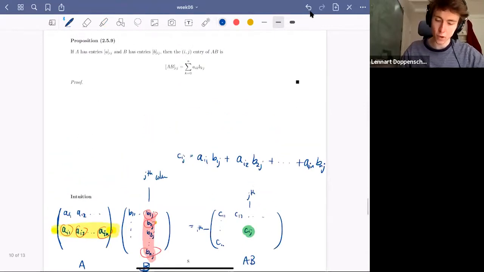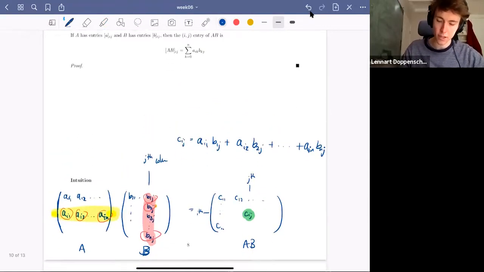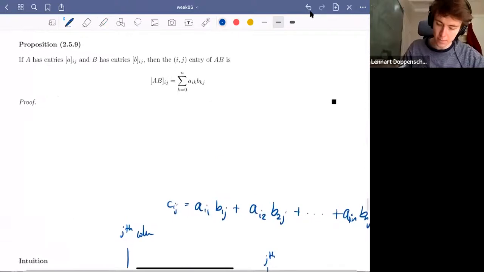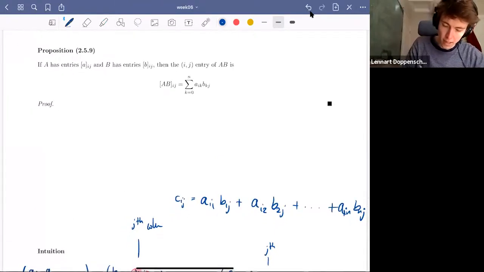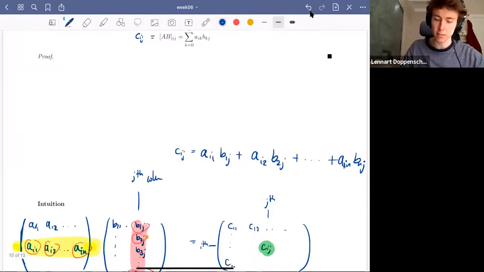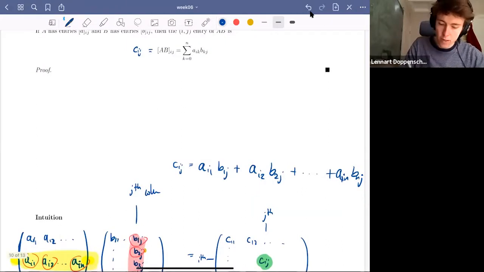And so this equation in shorthand is just written up here: the ij element Cij of the matrix AB is going to be a sum of A's and B's, namely the ones with i and j fixed. So in this equation, i and j are fixed, and only k varies.